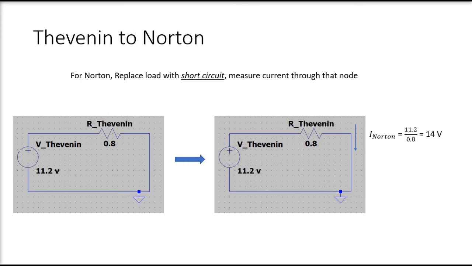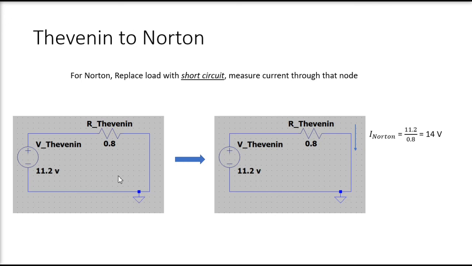So over here, what I did was I replaced my load resistor with a short circuit, and then this becomes my equivalent circuit. After that, this is my voltage, this is my resistor. So V over R stands as the current through this path, right?